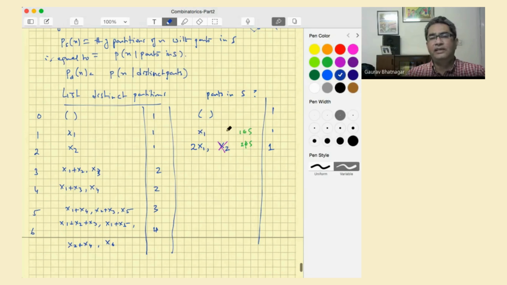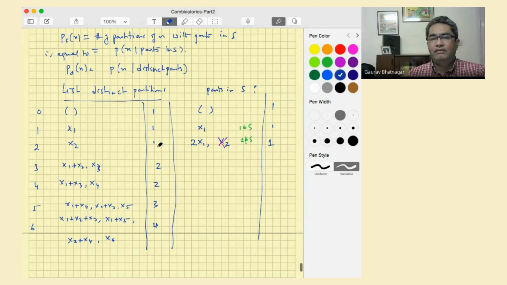So x1 is there. So that's okay. But as soon as I reach 2, if 1 is in S, then 2x1 also is a partition, right? With parts in S, with 1 as a part. So now, since distinct has only got one partition, I cannot have x2 because otherwise it will be two of them, and here there's just one.